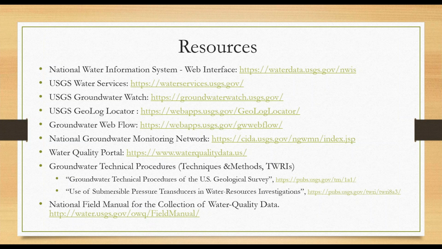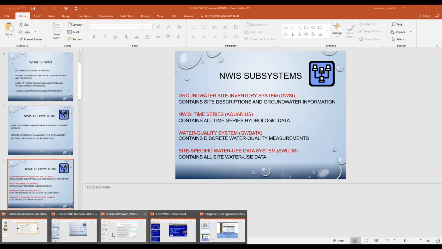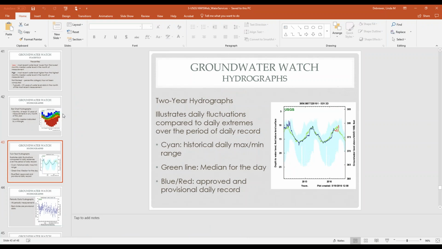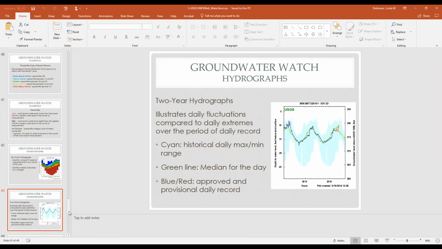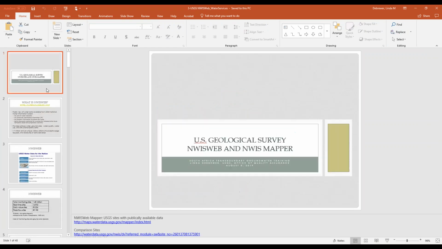I also gave you links to our technical procedures documents and our national field manual that ensures that we have consistent techniques for collecting and managing our data. Okay, so I'm going to go into my third presentation here, and we will talk about the public-facing side.